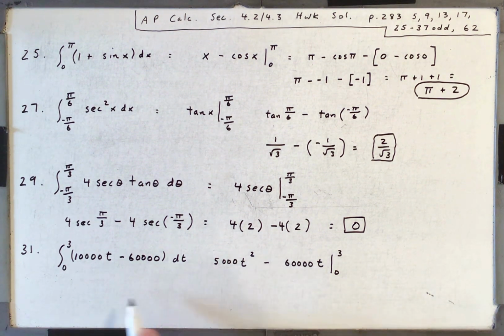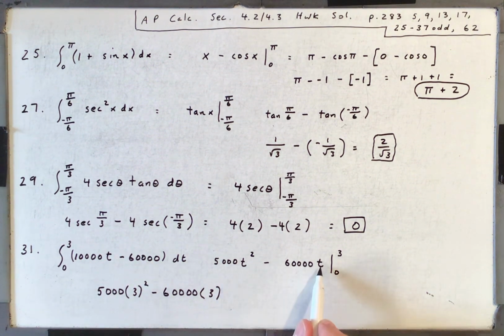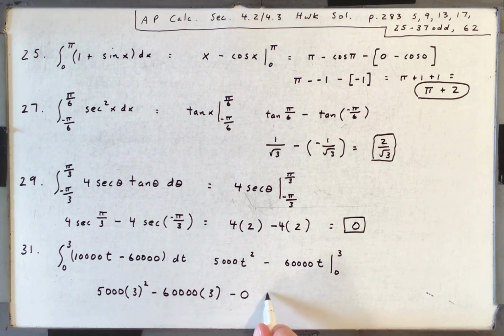So this is going to be 5,000 times 3 squared minus 60,000 times 3. And then when you plug in a 0, both terms have a t, so you're going to get 0, so just minus 0. So we love zeros.